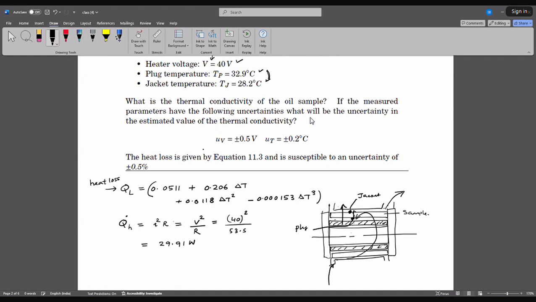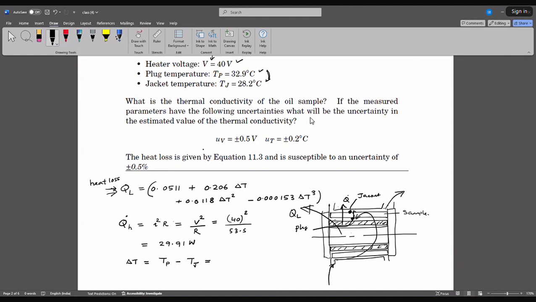So this much heat is coming from the heater. That means this much heat is passing through the sample. Out of this Q dot, some heat is leaking out. Some heat loss is there. That heat loss can be calculated using this relation. This heat loss is dependent on delta T. So delta T is the temperature of the plug, which is the same as the temperature of the heater, minus the temperature of the jacket.